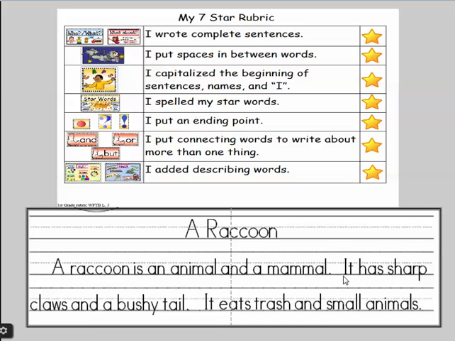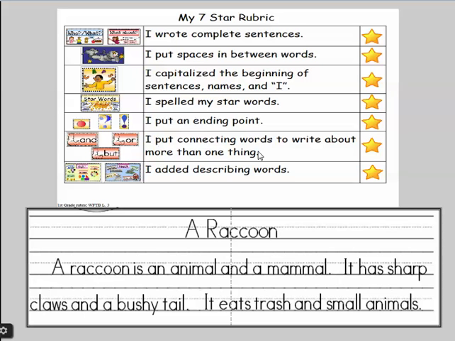For example, it, has, an, is, a. I put an ending point. There is a period here, there is a period here, and there is a period here. So I could check that one off as well.